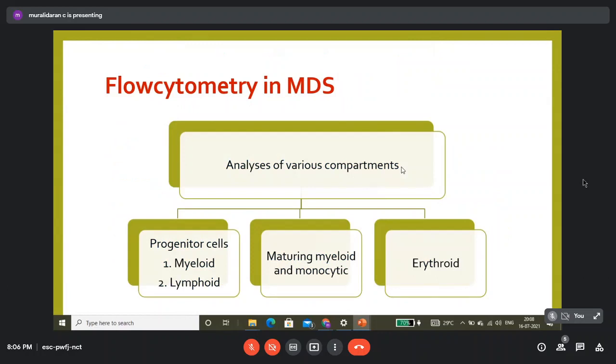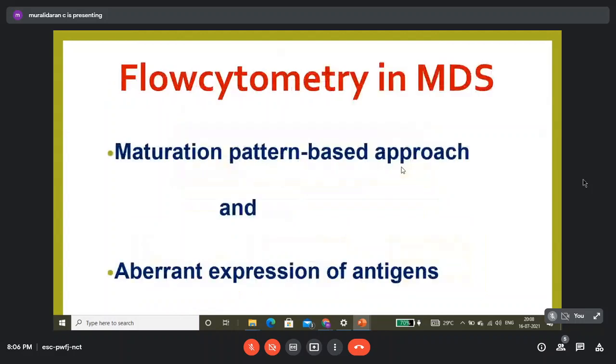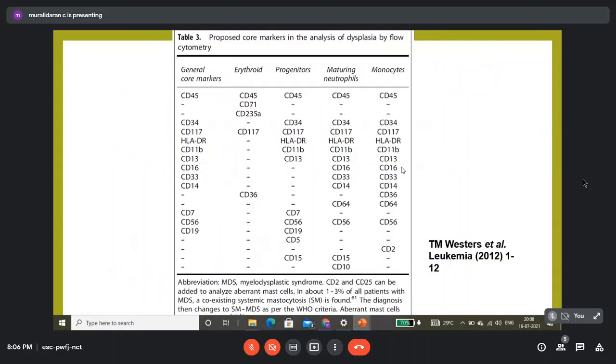So these are the cells, as I mentioned. We will assess progenitor cells like myeloid and lymphoid cells, maturing myeloid and monocytic cells, and erythroid cells. So what will you see? You will see a maturation pattern based approach or an aberrant expression of antigens. That's what we will see in a case of MDS. These are the different markers used for assessing MDS.